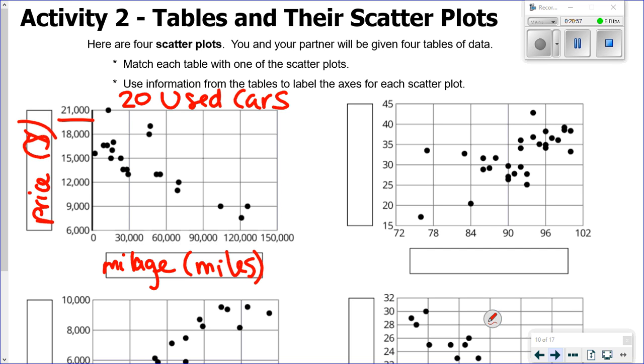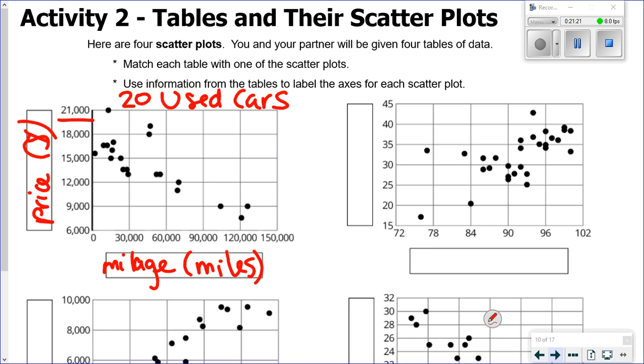And again, like I said, we can further check that by picking any or several data points to see, do they line up on this graph? Let's pick one in the middle: the 18,998 for the price and the 47,000 for the miles.